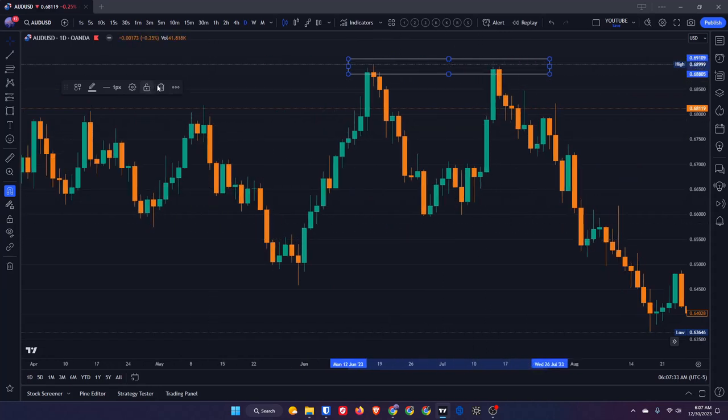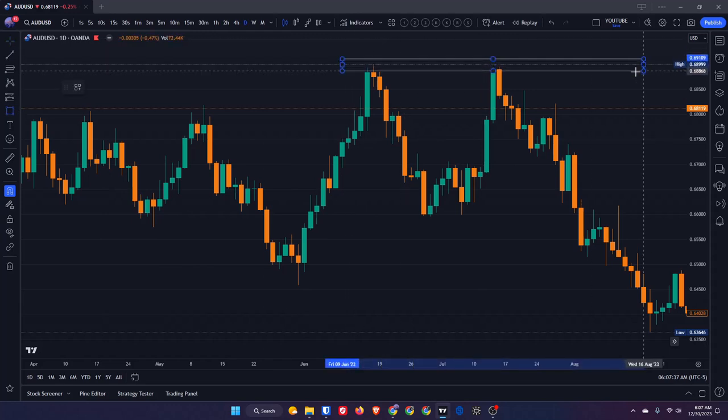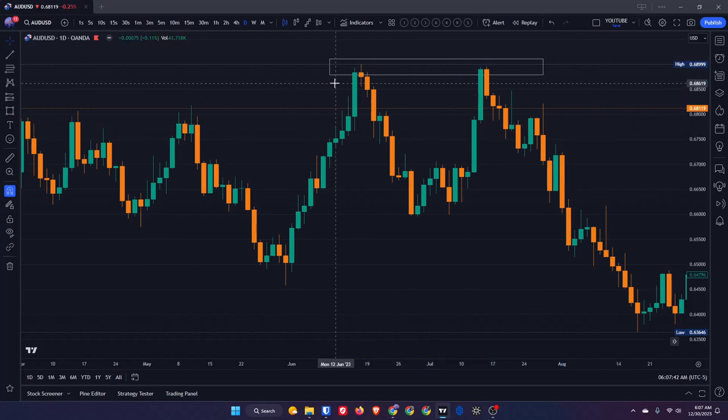So whenever you're using something, you always have to combine it with something else. Let's say we're using support and resistance, right? Then you have to understand that support and resistance is just one way of looking at the market. One basic tool of looking at the market. You have to combine it with many other things to really be sure. I never just look at one thing and only use one tool and then say, oh, it's gonna reverse.